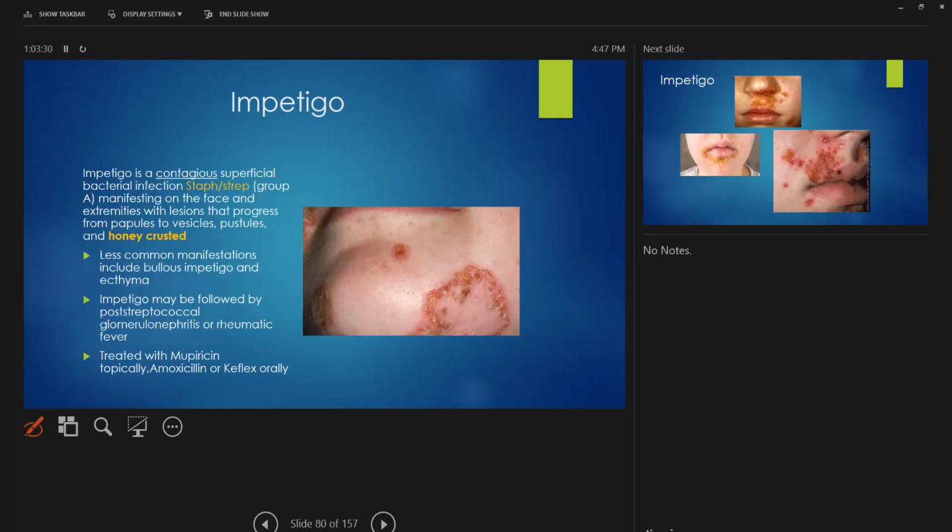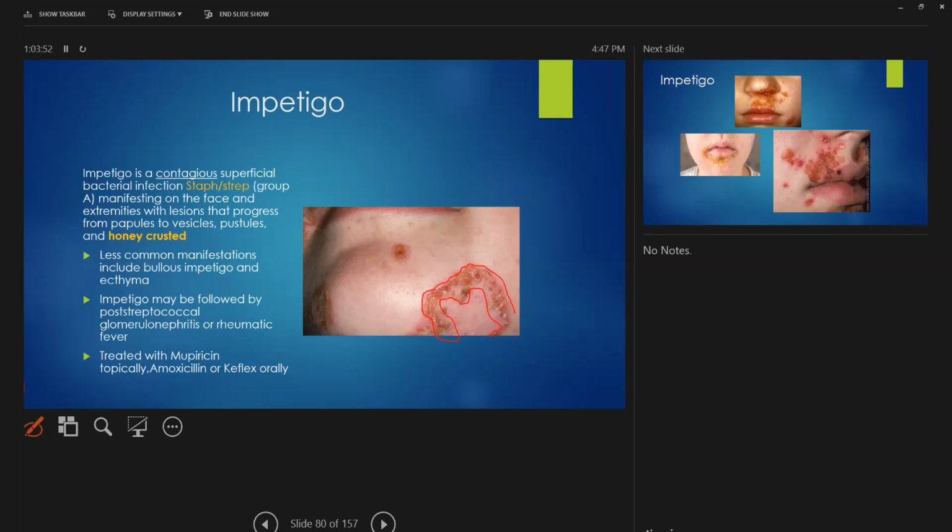Group A strep is usually the cause, but it's these honey-crusted lesions. These lesions have this orangey, yellowy color. That's really characteristic of impetigo.